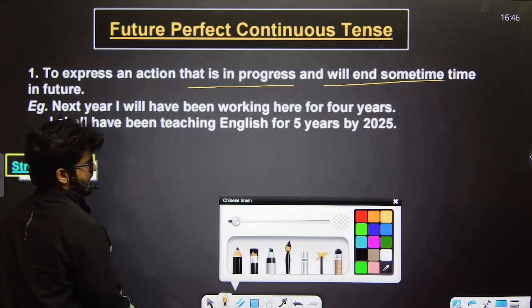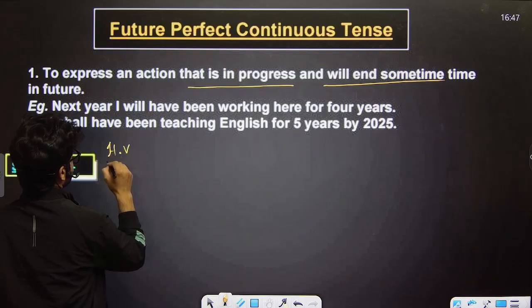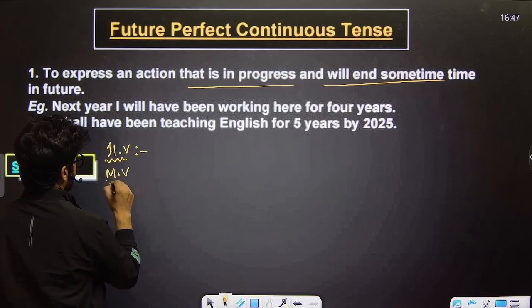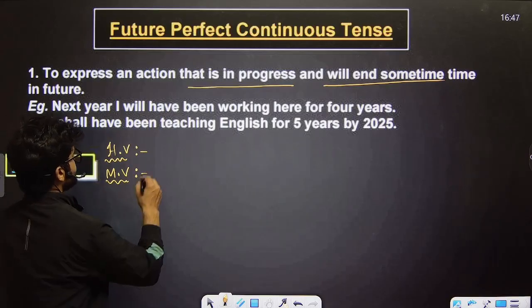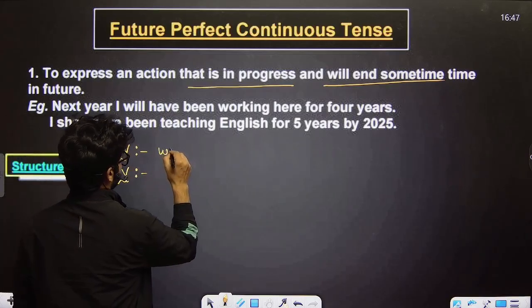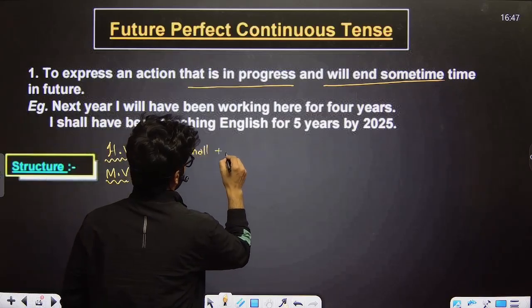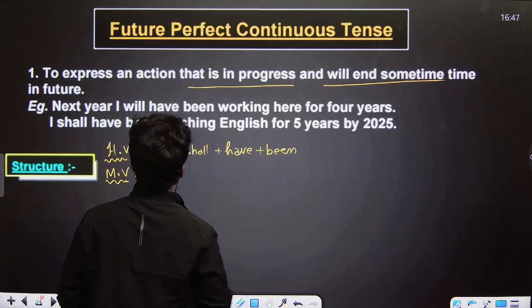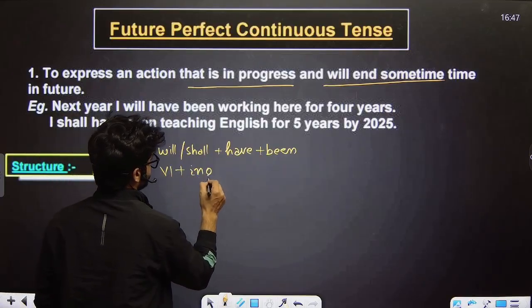So, helping verb and main verb. What will be the helping verb? It will be will, shall, have, been, and the main verb will be in verb 1 plus ing format.